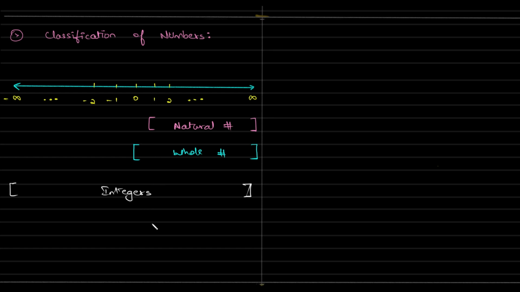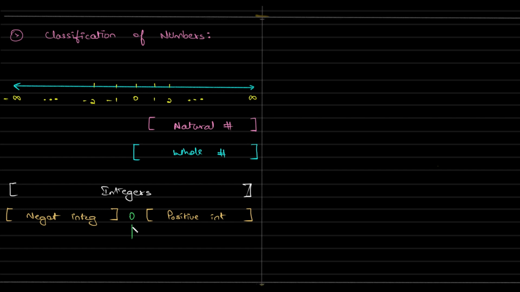If I just include +1 to infinity, it is known as positive integer. If I start with minus infinity to -1, this is your negative integer. And yes, 0 is neither a part of positive integer nor negative integer.